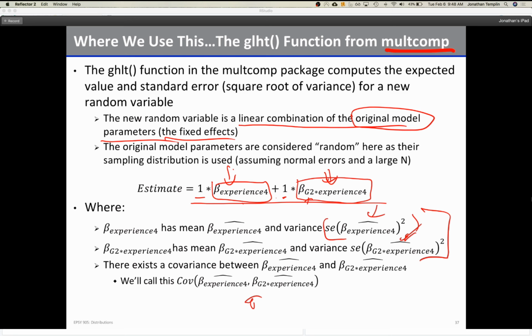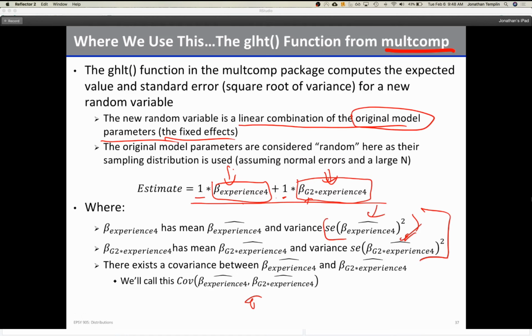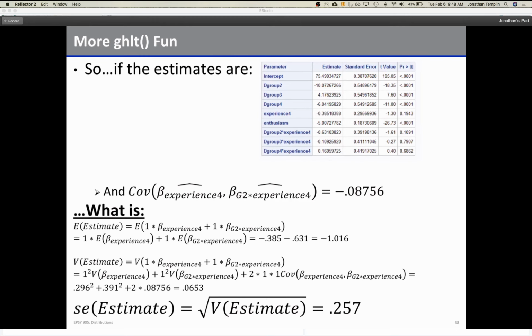Multcomp finds it, but we don't get it. To compute the standard error of this new estimate, we have to know the covariance, which is negative 0.08756.